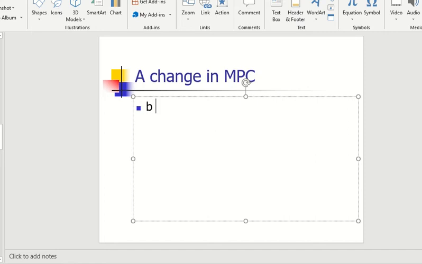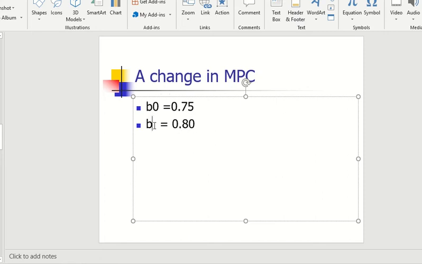Initially, let's say the marginal propensity to consume was given to be 0.75. Now let's suppose that we have an increase in marginal propensity to consume. Let's say we have 0.8 now.